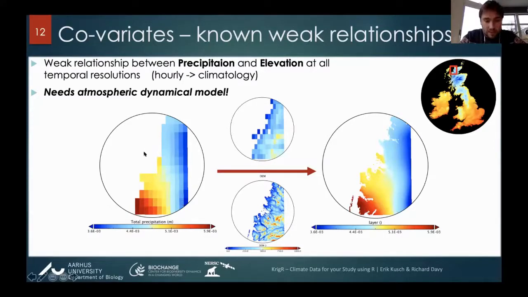But when we try to downscale precipitation, going from the coarse resolution and using the same covariate, the elevation, all we get is just a smoothed out map of the precipitation. And that's because the relationship between precipitation and elevation is not a statistical one. It really depends upon the dynamics as well.